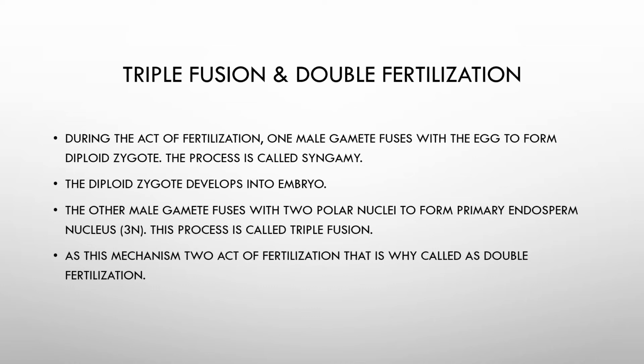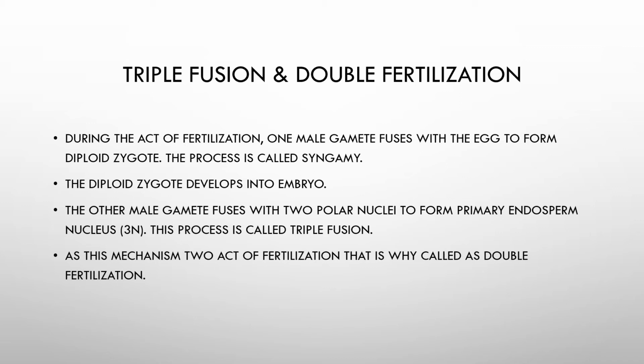This zygote later on will form the embryo. Now what happens to the other male gamete? As two male gametes are there, one fused with the female gamete, that is the egg. The other male gamete fuses with two polar nuclei present in the center and forms the primary endosperm nucleus. This is called triple fusion. Why triple?